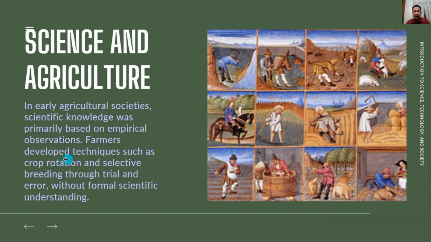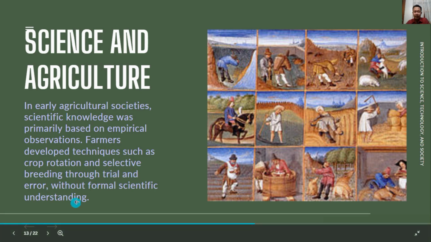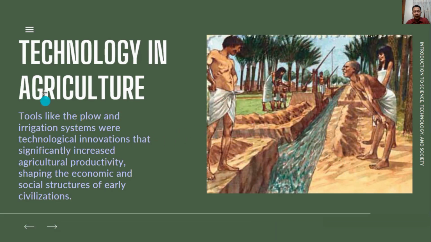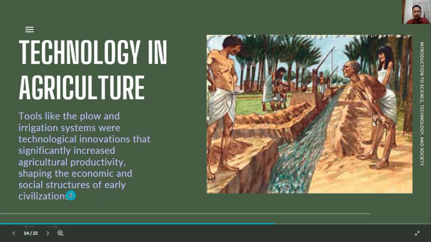And farmers developed techniques such as crop rotation and selective breeding through trial and error, without formal scientific understanding. And for technology in agriculture in this era, tools like the plow and irrigation systems were technological innovations that significantly increased agricultural productivity and shaped the economic and social structures of our early civilizations.